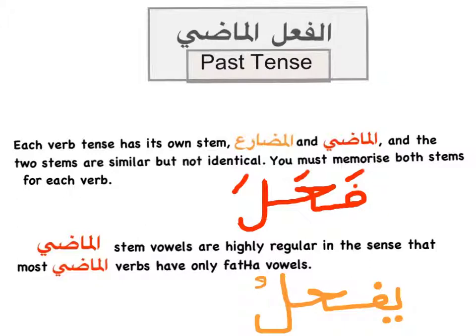Okay, so as you can see from these stems, فعل, the ماضي stem usually has only فتحة vowels, whereas the مضارع, present tense, stem has يفعل with a ضمة at the end, like يدخل, يلعب, لعب, يلعب.